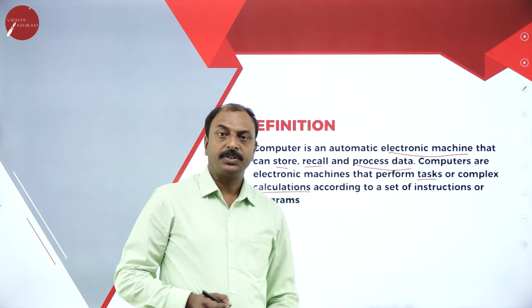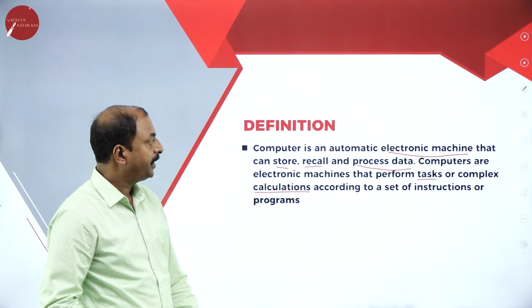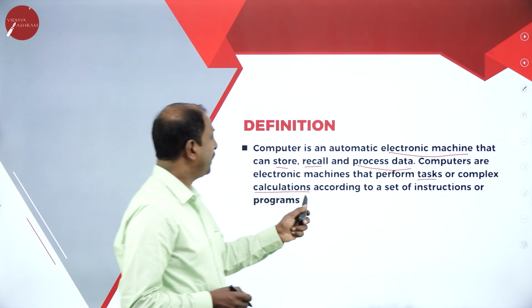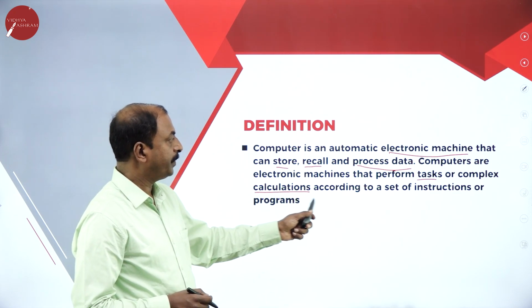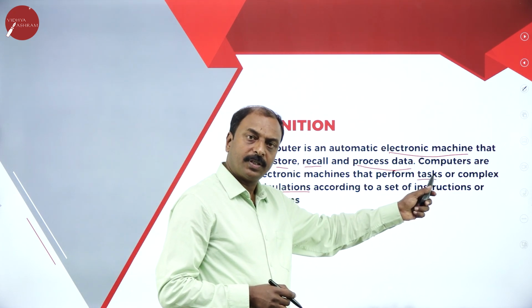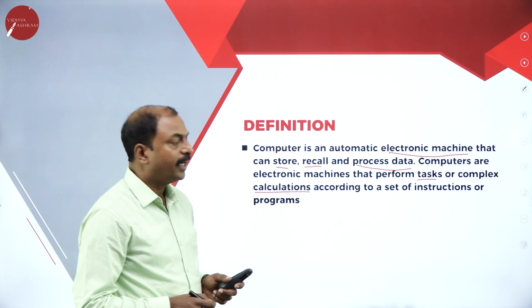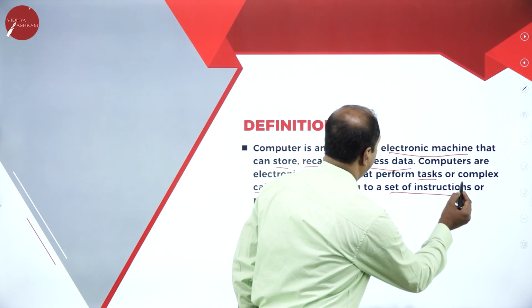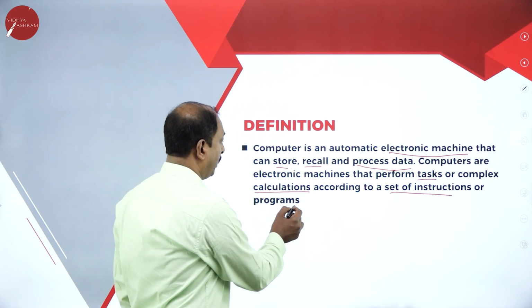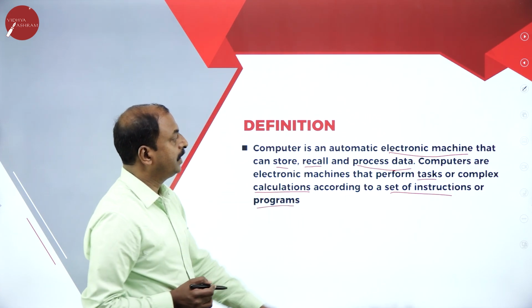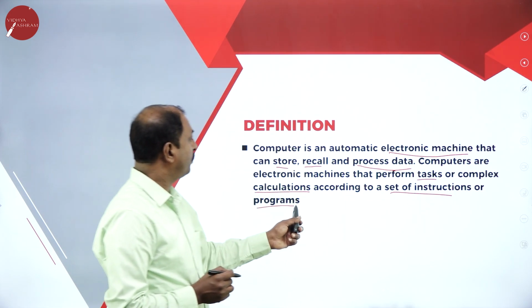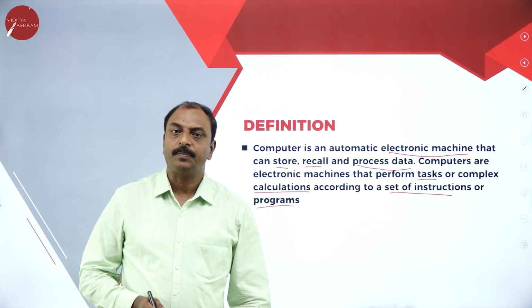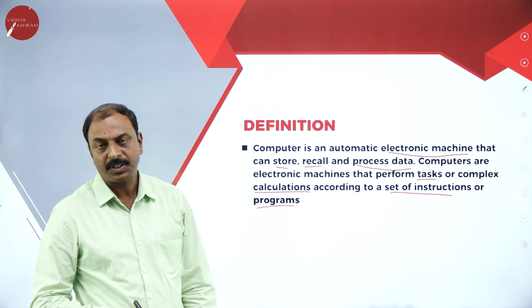Another name for processing data is performing complex calculations or different types of tasks, according to the set of instructions given to it, nothing but programs. So this is the basic definition of computer system.